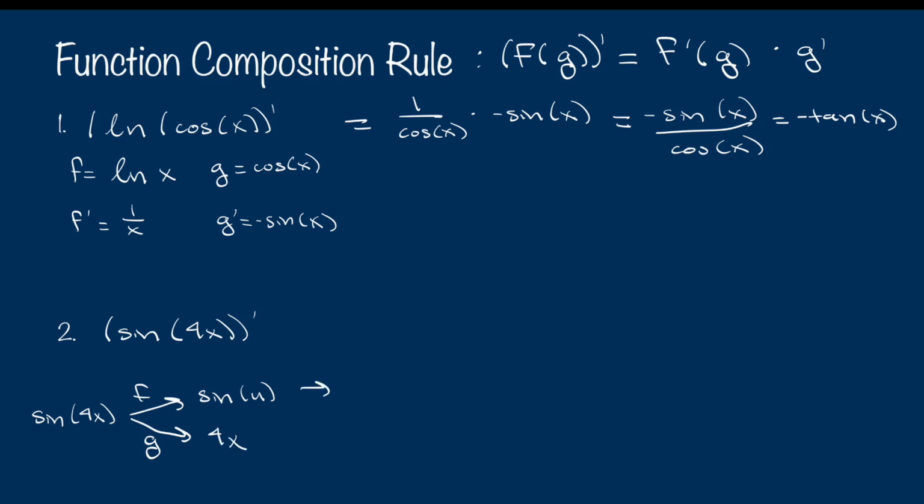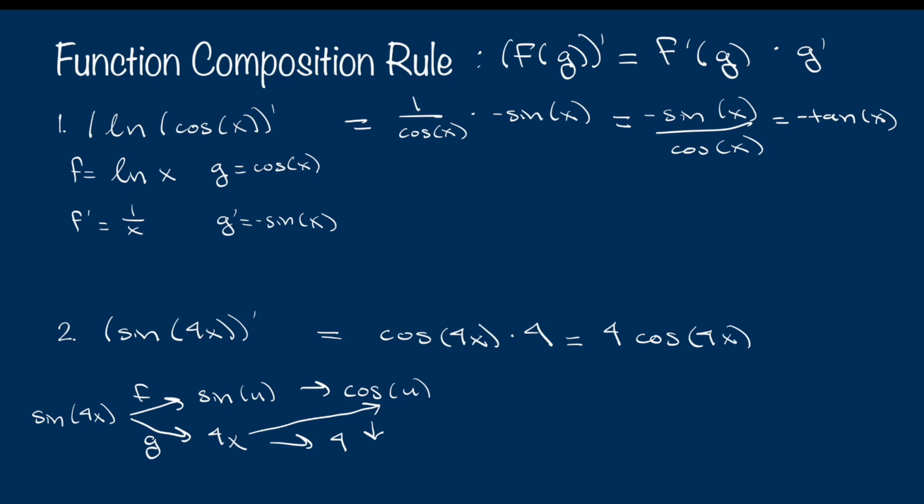The derivative of sine u is just going to be cosine u, and our derivative of 4x is going to be 4. Then with our arrows, we take our 4x, plug it into u, and then we multiply it by 4. So we get cosine 4x times 4, which is 4 cosine 4x.